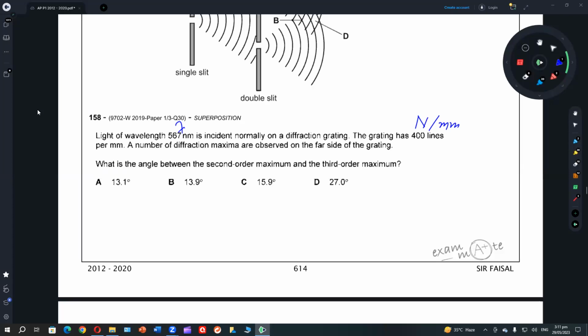What is the angle between the second order maxima and the third order maxima?